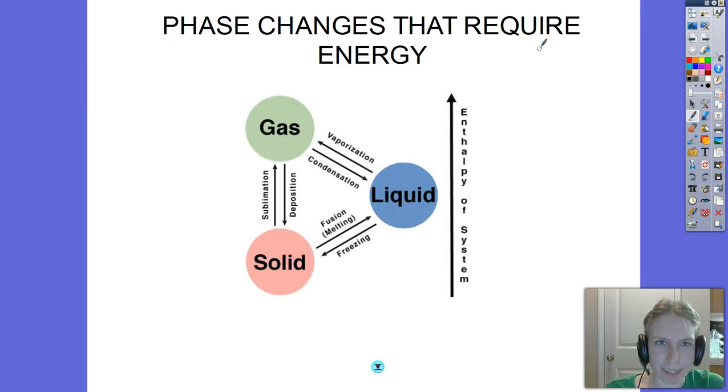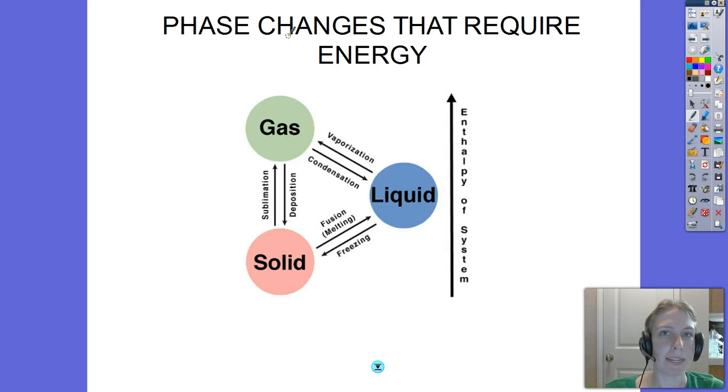Alright, now to the real work. So, phase changes that require energy. These are what you have to input some energy to get to happen. If you think of something like boiling water, you have to put it over a flame to have it boil if you're using room temperature water.